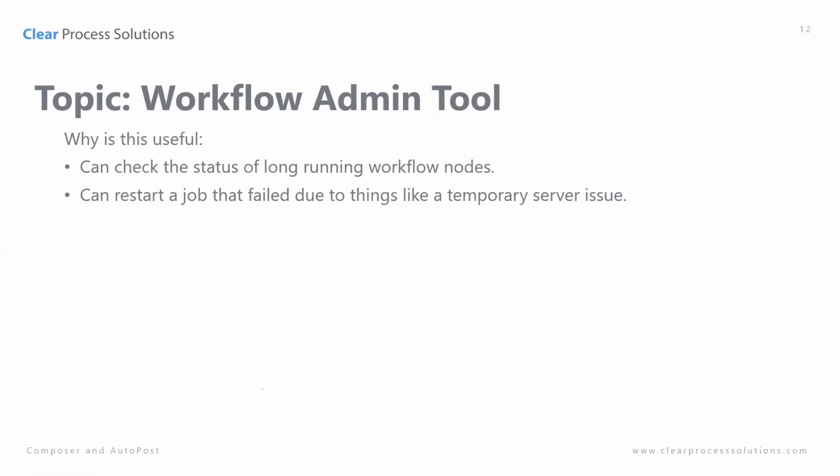But as you're going through and developing a solution, if your workflow is stuck somewhere and it's just sitting at a particular plugin or a particular task for some unknown reason, we can go in the workflow admin tool and take a look at why that might be happening.